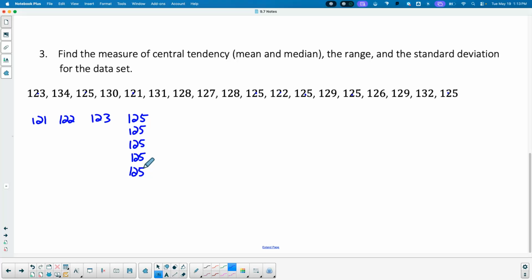Oh, I do see one right there. 127. Only one of those. 128. 128. 129. 129.